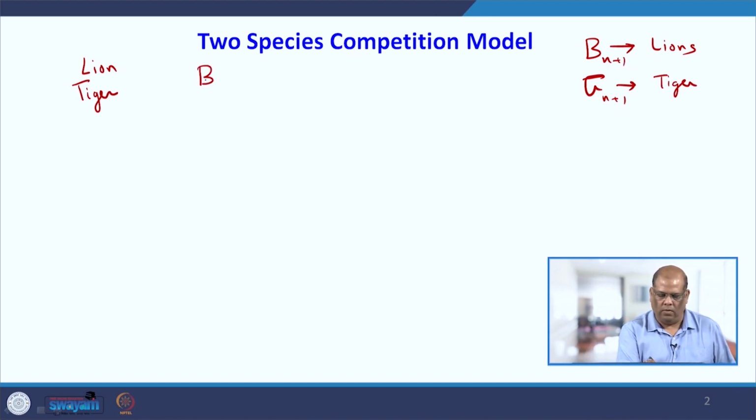So, B n plus 1 will be the number of lions at time n plus, suppose they grow at a rate alpha 1.